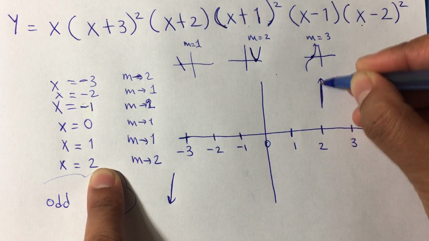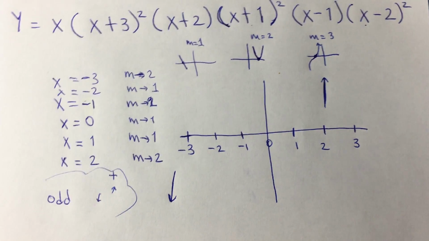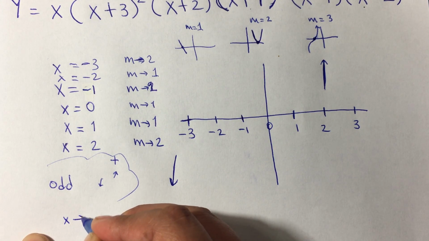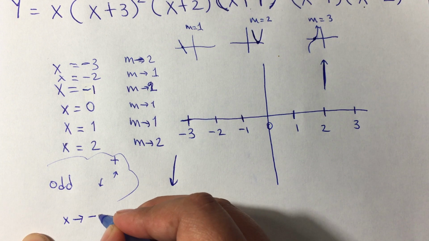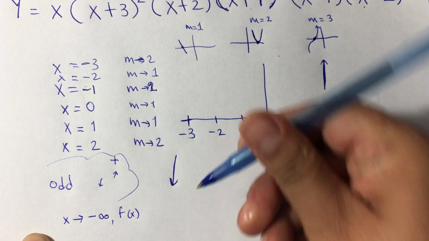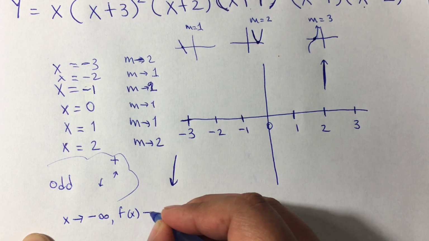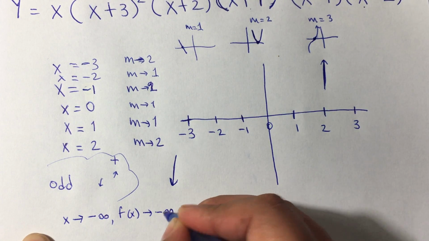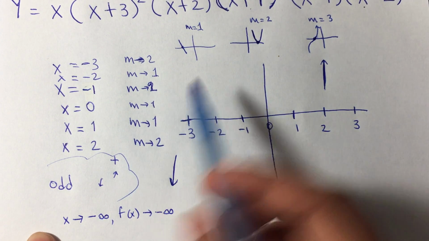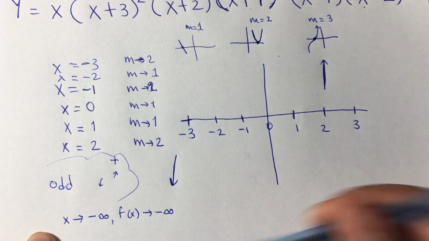Okay, so that's my end behavior, where as x approaches -infinity, f of x is approaching -infinity. It goes down. As this goes to the left, my y goes down.